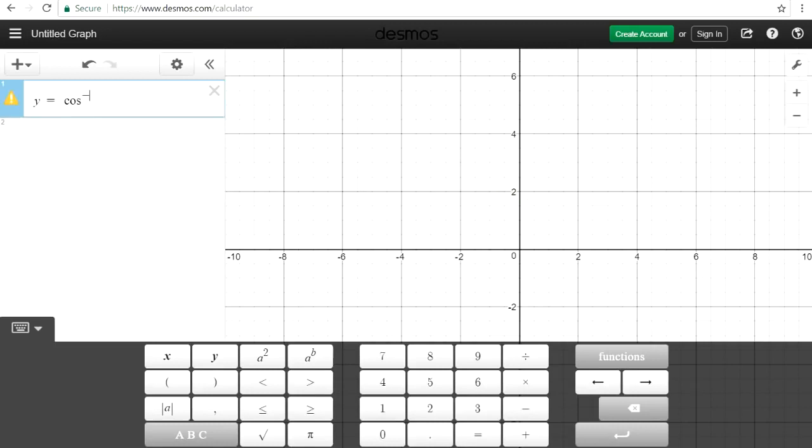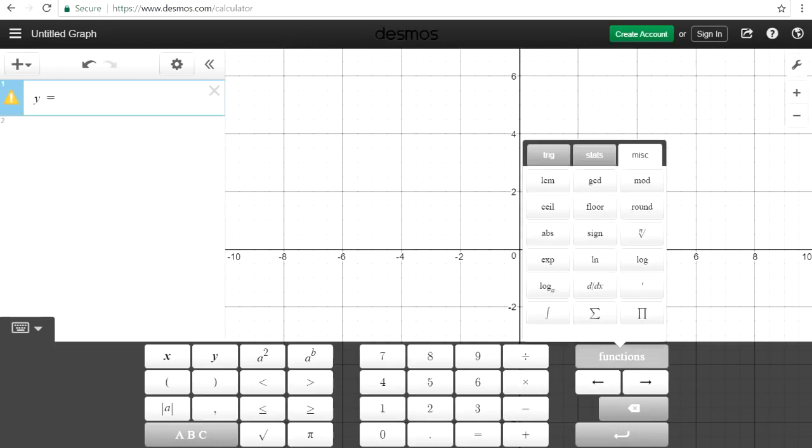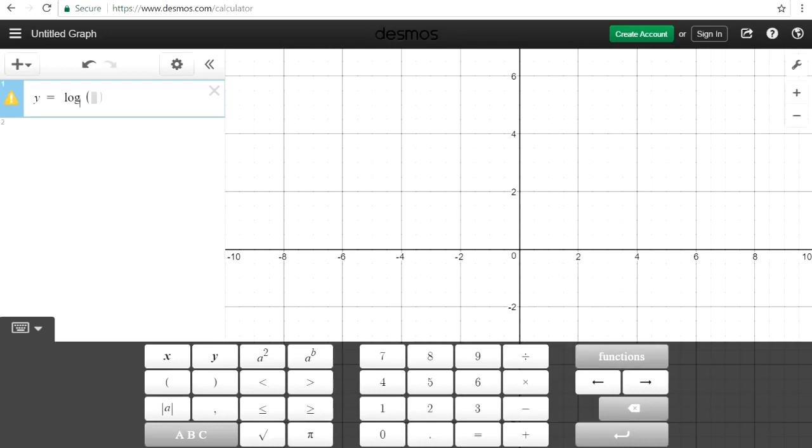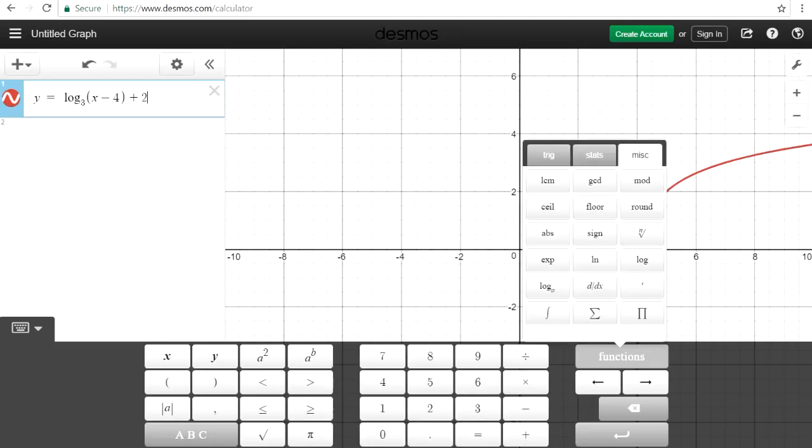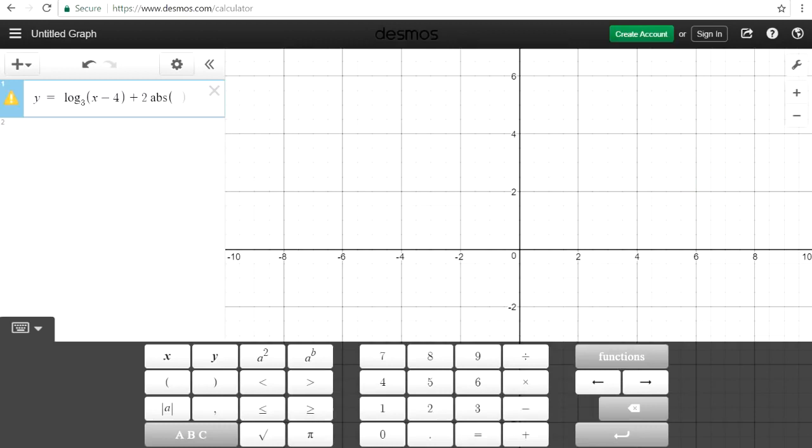Let's try a log equation, but with a different base. It's log base 3, let's say x minus 4 plus 2. So as you can see, you can graph almost any function that you need. That's the absolute value function, which you could find pressing that button too.